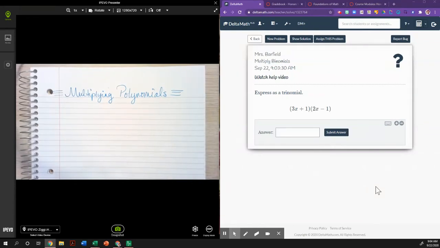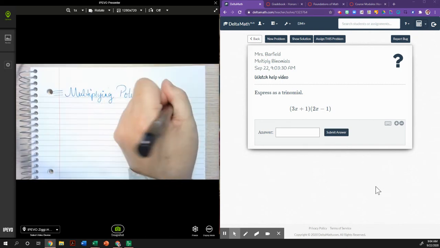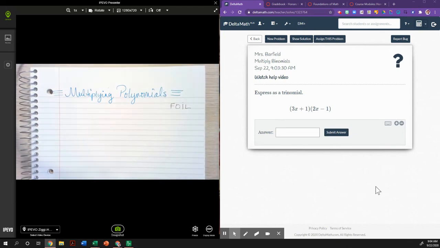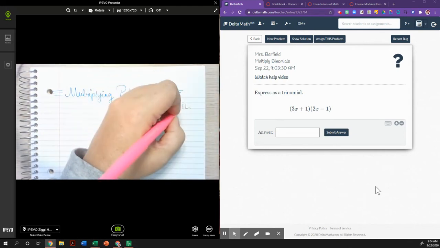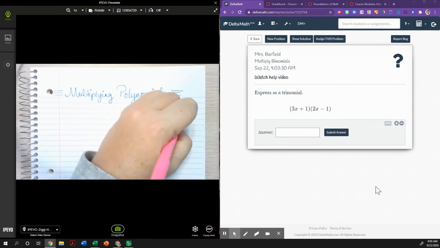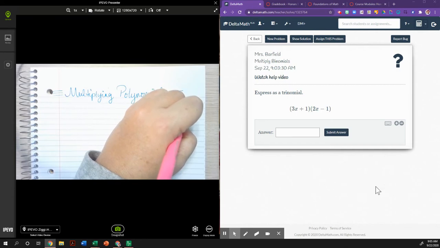So there are a couple of different approaches that you can take to this subject in terms of how you want to solve the problem. Some of you may be familiar with the term FOIL. That stood for first, outer, inner, last.